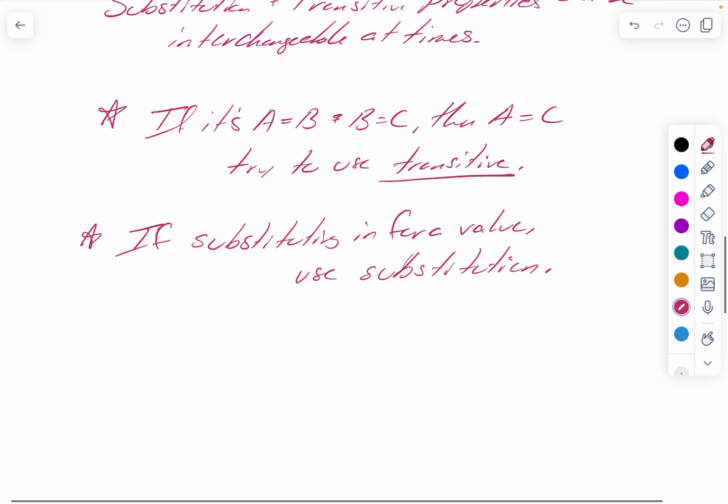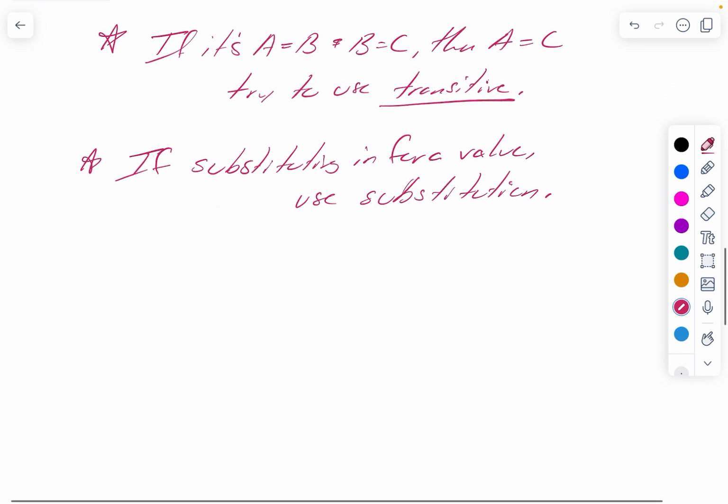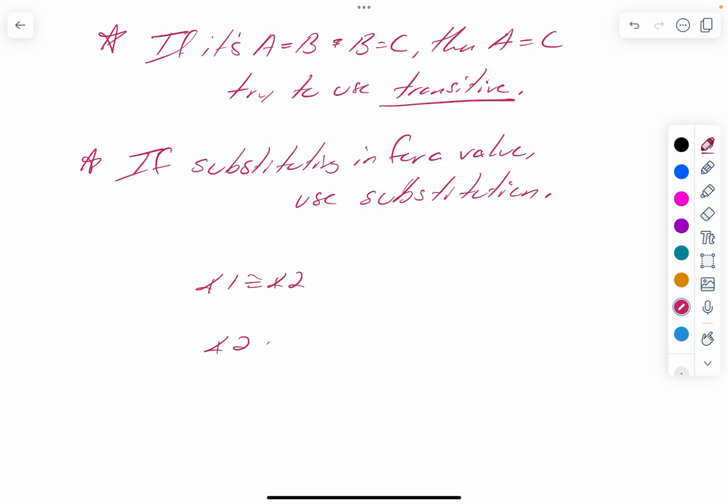if you're switching in. I know there was one example where you were given angle 1 congruent to angle 2, and then you're able to say angle 2 was supplementary to angle 3. This would then, if you wanted to say angle 1 was supplementary to angle 3, be a substitution. So angle 1, then supplementary to angle 3.